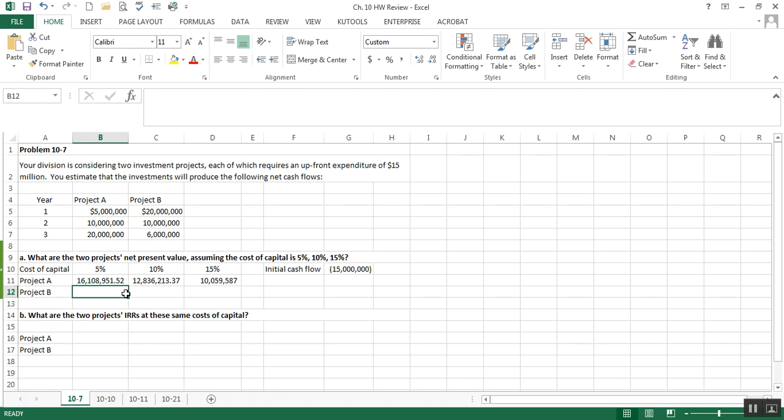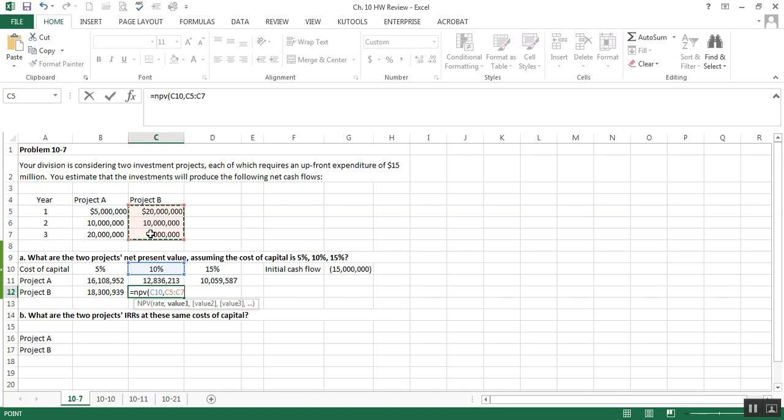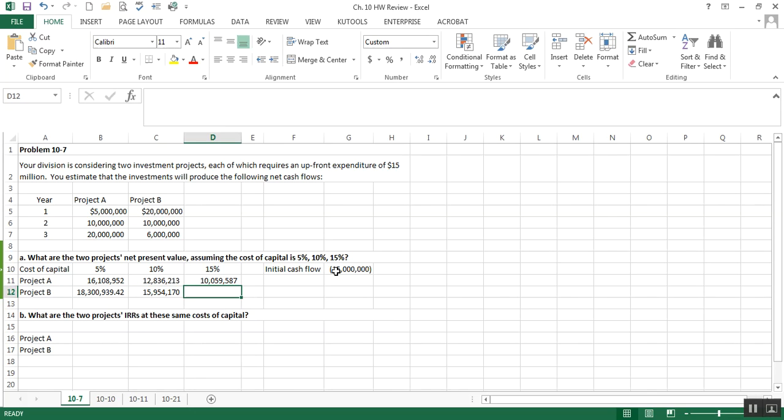Now let's do it for project B. Net present value at 5%, for cash flows, project B, plus our initial cash outflow at time 0. At 10%, project B cash flows, plus our time 0 cash flow, and then at 15%, plus our initial cash flow at time 0.